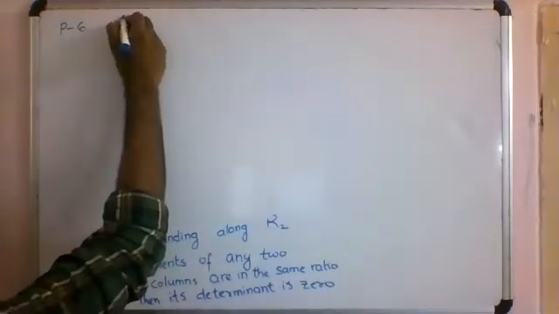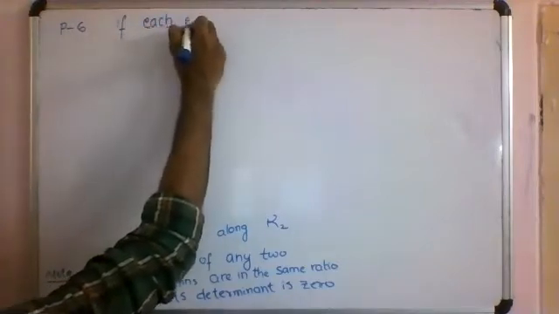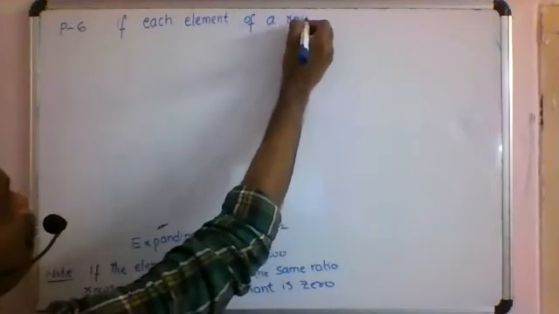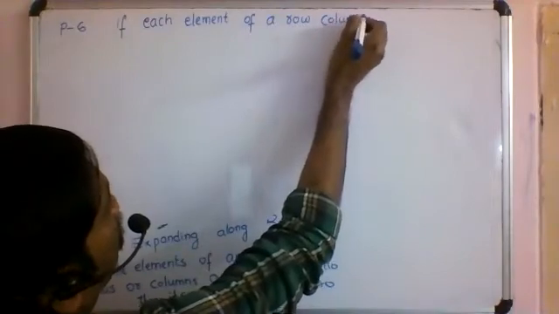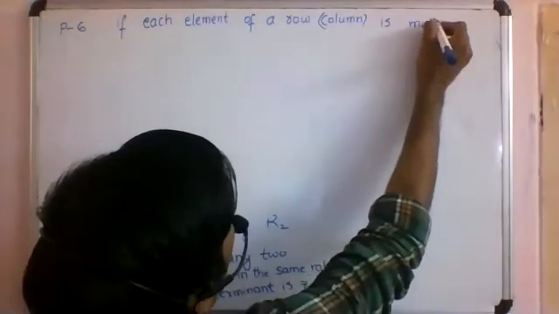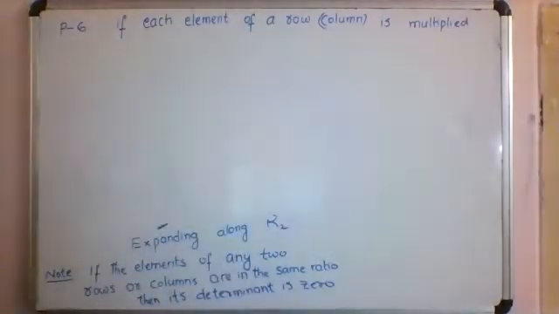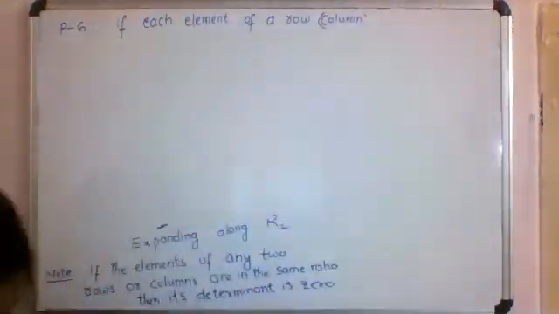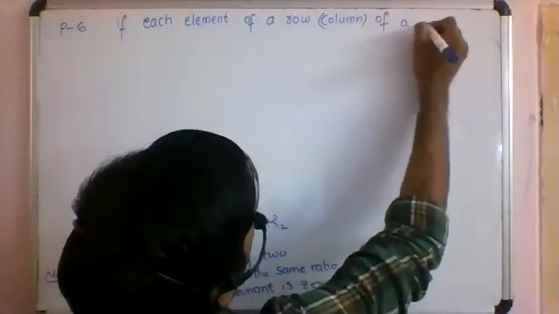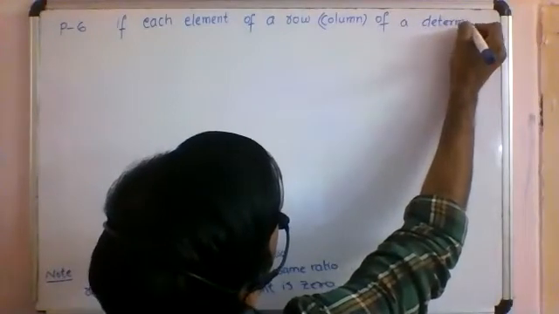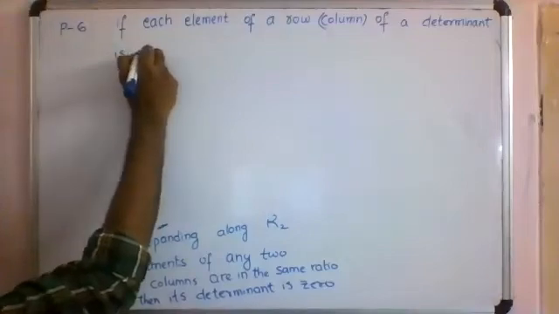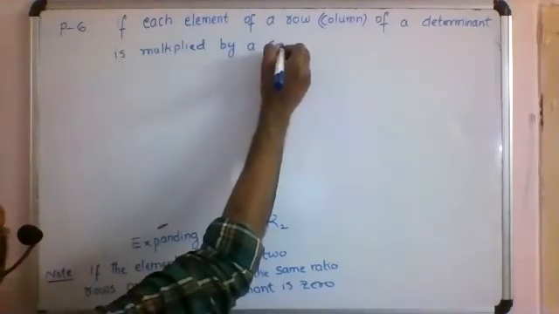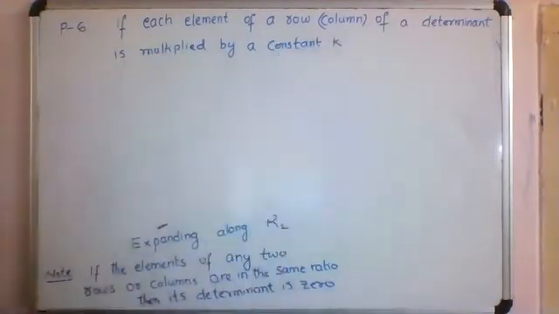If each element of a row or column of a determinant is multiplied by a constant k, then what happens?